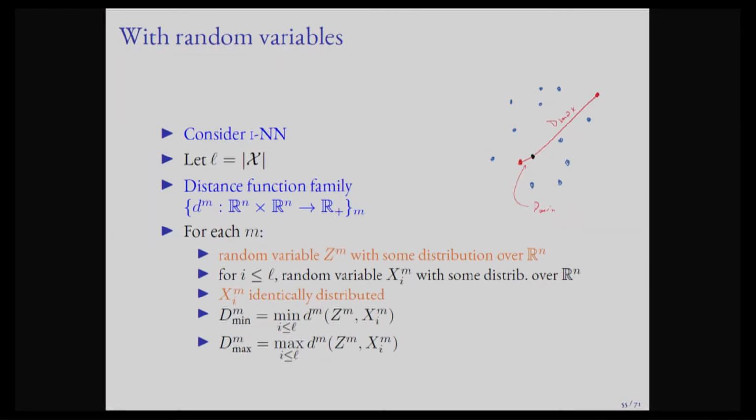Now, I'm asking you to see the problem where every symbol that was a variable or a parameter has been replaced by a random variable. So this is no longer a problem about points. It's a problem about distributions from which you are free to sample points. L is the size of the set of points, and you have this distance function family parameterized by m, mapping R^n times R^n, so it has two arguments, u and v, two points, into R plus, the value of the distance.